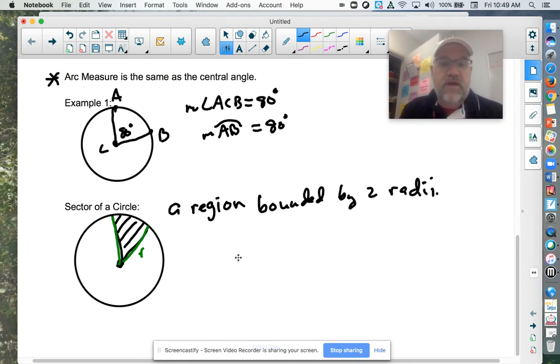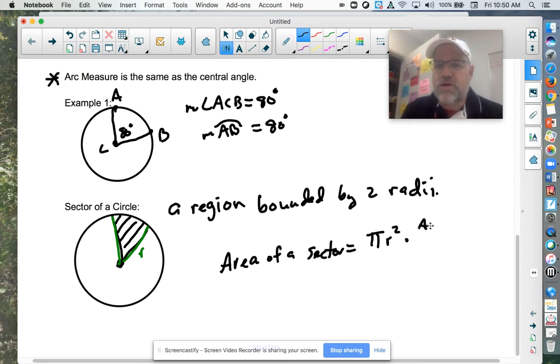The area of a sector of a circle equals pi r squared. That's the area of a circle, right? Pi r squared. And then we multiply it by the arc measure divided by 360.